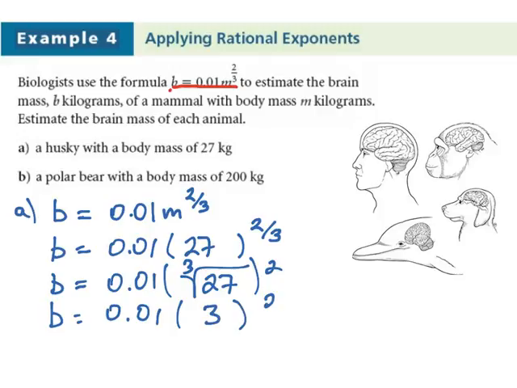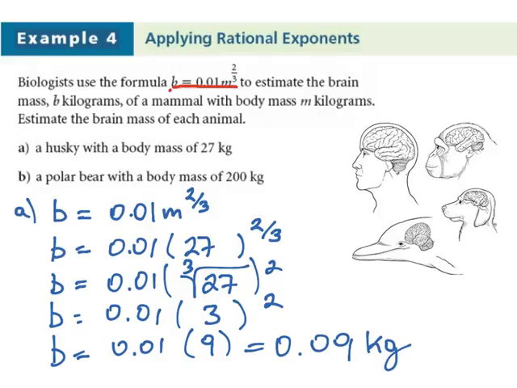So B is 0.01 times 3 squared, which is 9. And 9 times 0.01 is 0.09 kilograms. So that is the mass of a husky brain.